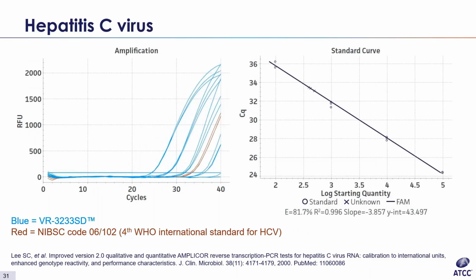The standard curve for qRT-PCR was set from 1 × 10⁵ copies to 10 copies by serial 1:10 dilution. The NIBSC hepatitis C working reagent, code 06/102, was reconstituted in 0.5 milliliters of molecular grade water and extracted in the same way as HBV. Each dilution was run in triplicate, and the assay was repeated 3 times, again with very good linearity.